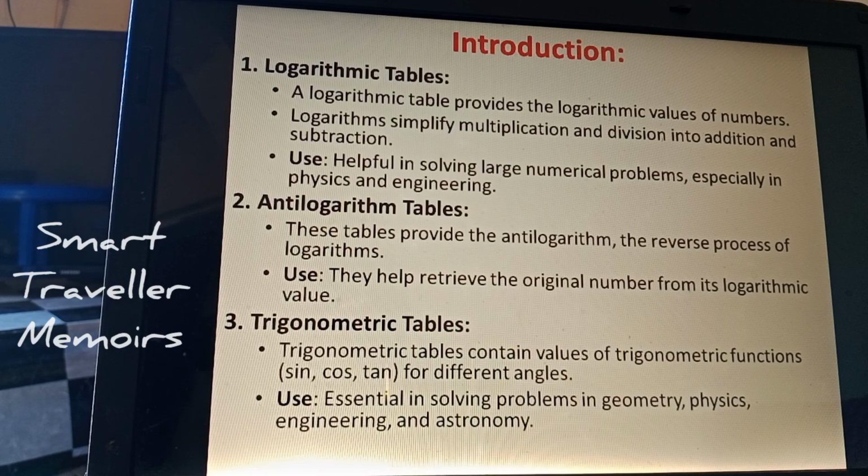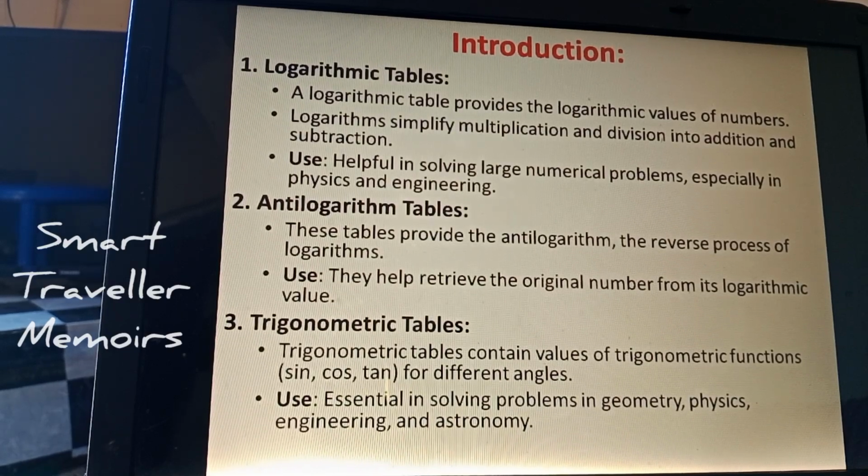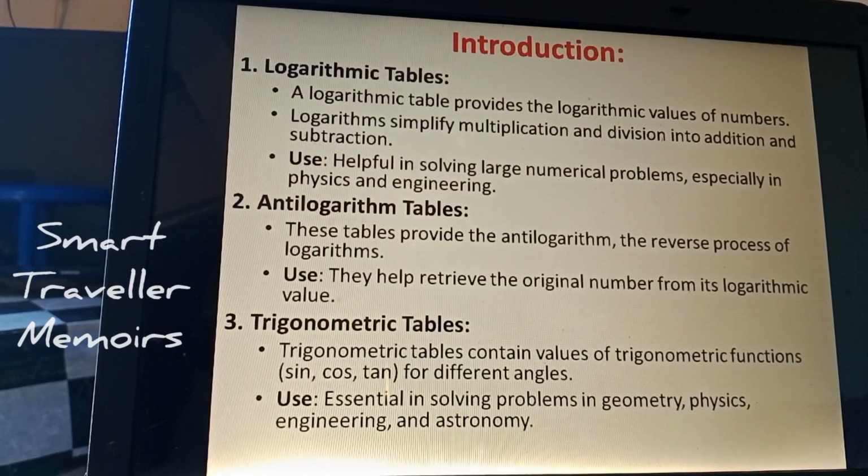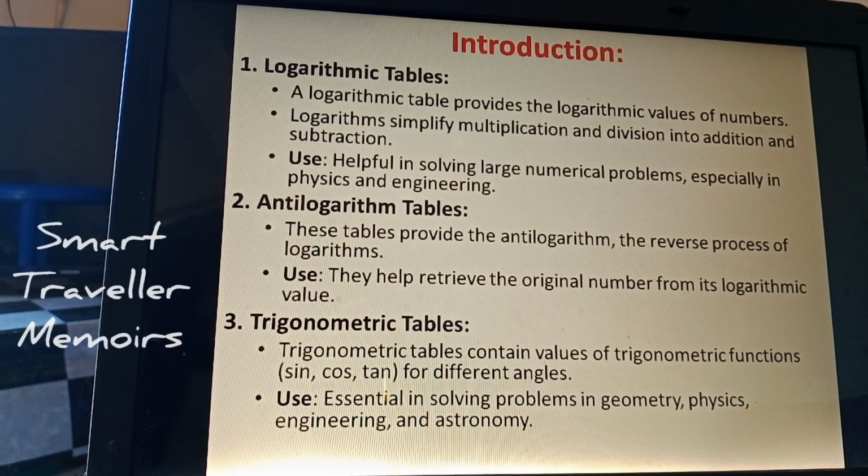Trigonometric tables. Trigonometric tables contain values of trigonometric functions, that is sine, cosine, and tangent, which are abbreviated sin, cos, and tan, for different angles.